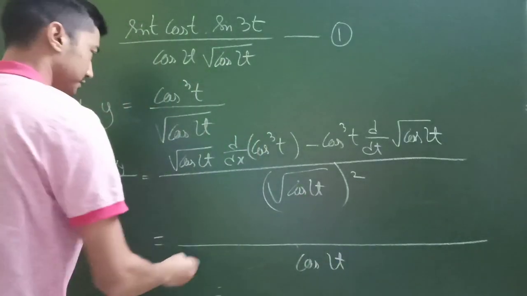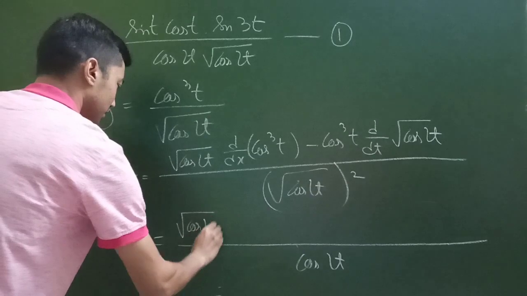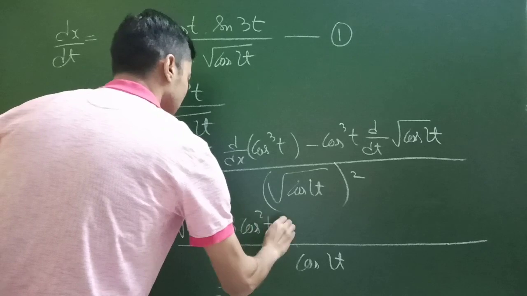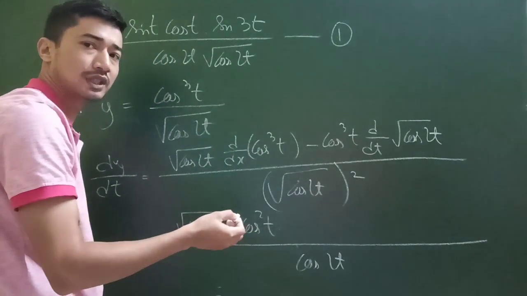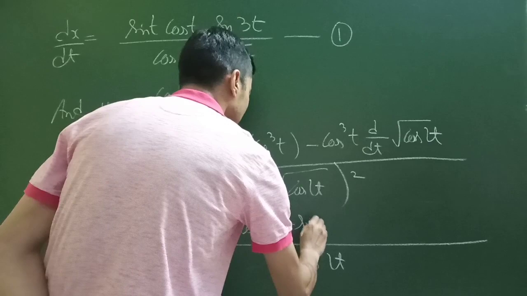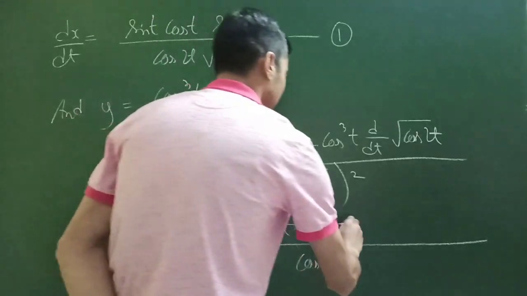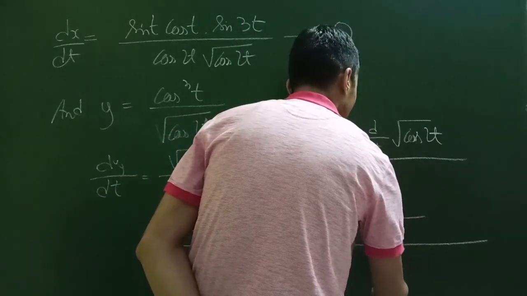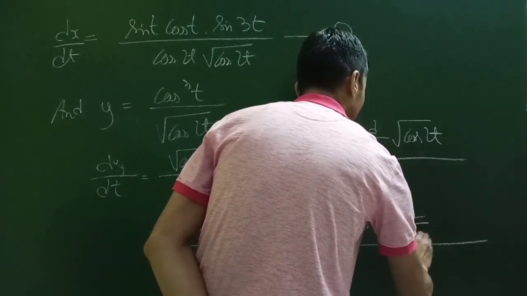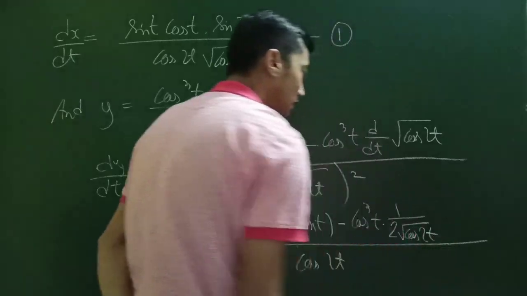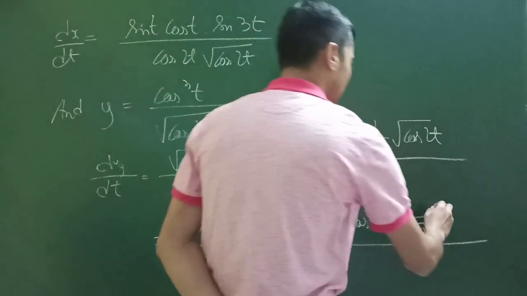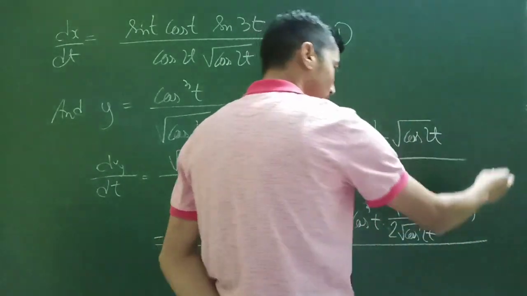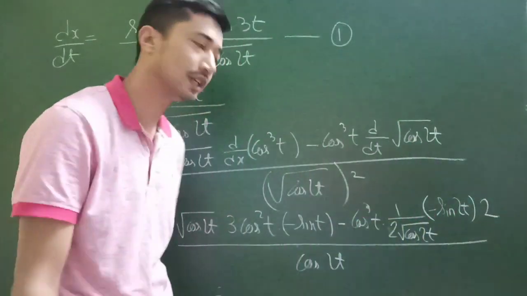Cos 2t. That's going to be cos 2t. This will be 3 cos squared t. Derivative of cos t using chain rule again. Derivative of cos t again will be minus sin t, minus cos cube t times 1 by 2 root of cos 2t. Derivative of cos 2t again minus sin 2t. Derivative of 2 again 2. Chain rule again, right?